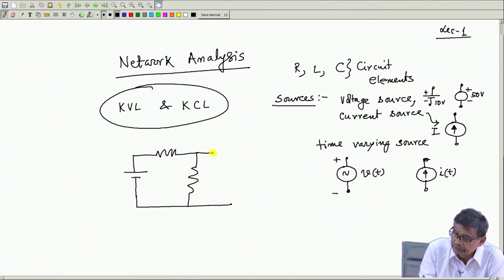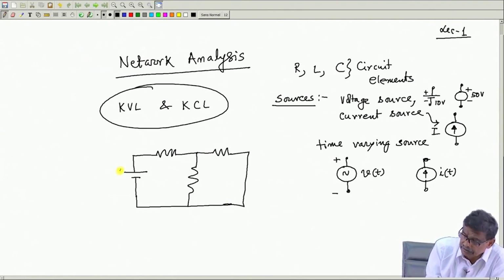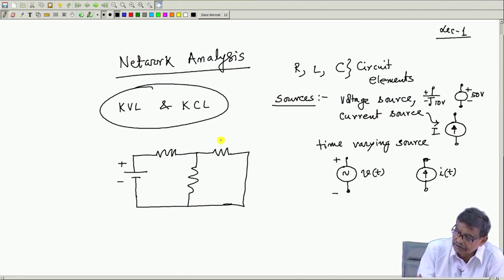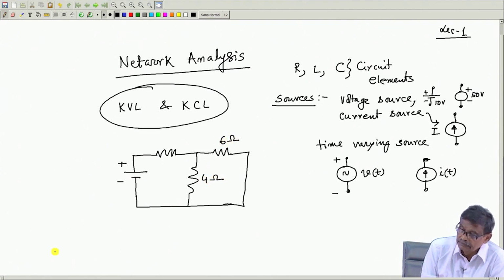Suppose the voltage is this one, and this is suppose 6 ohm, this is suppose 4 ohm, and it has also got some simple circuit. With that I will try to explain what I mean by this.